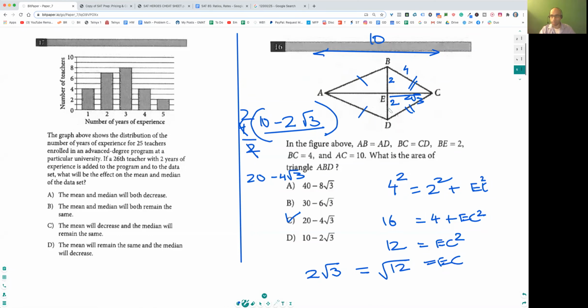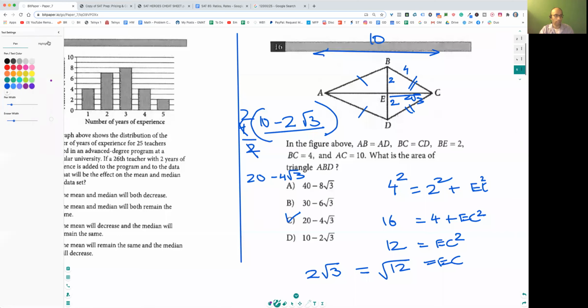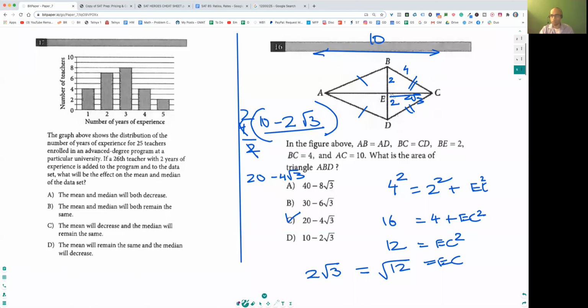You've got to apply the Pythagorean theorem to find this length, and you know this whole length is 10, and then you subtract this to get just AE. That's important. Why? Because they're asking for ABD. ABD is right over here. Half base times height. You already know the base is 4. All you need is the height. That's the challenging part.